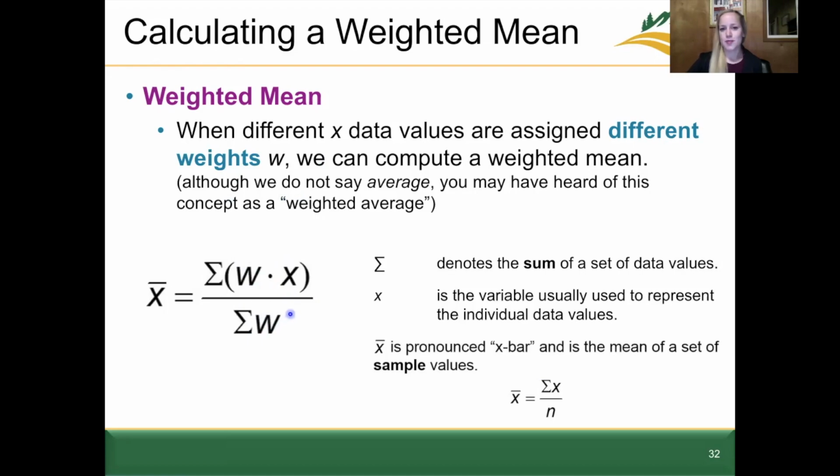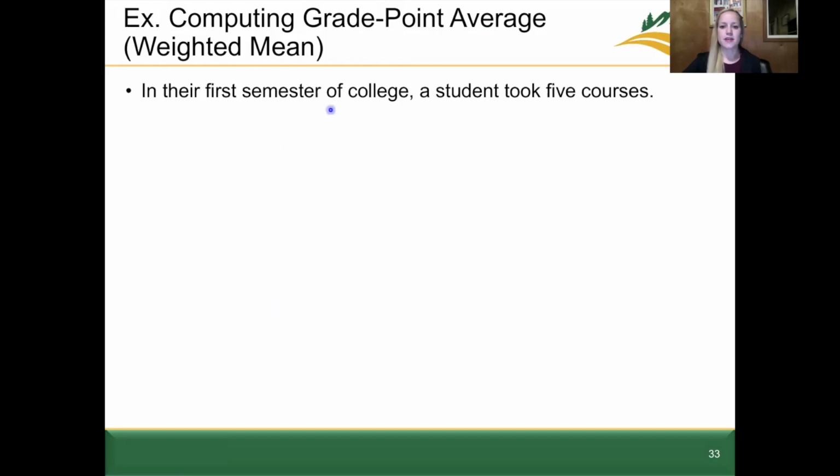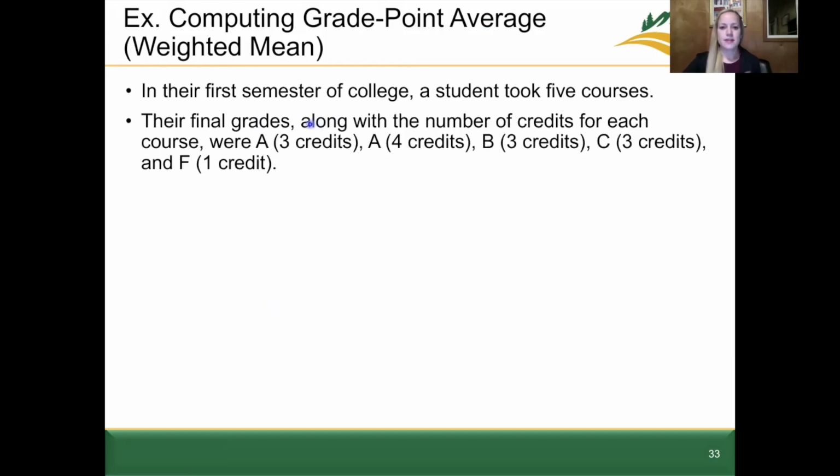Let's do an example with this numerically. We're going to compute the GPA for a student using this concept of the weighted mean and the formula for it. In their first semester, a student took 5 courses. Their final grades, along with the number of credits for each course, were A for a 3-credit course, another A for a 4-credit course, B for a 3-credit course, C for a 3-credit course, and finally F in a 1-credit course.